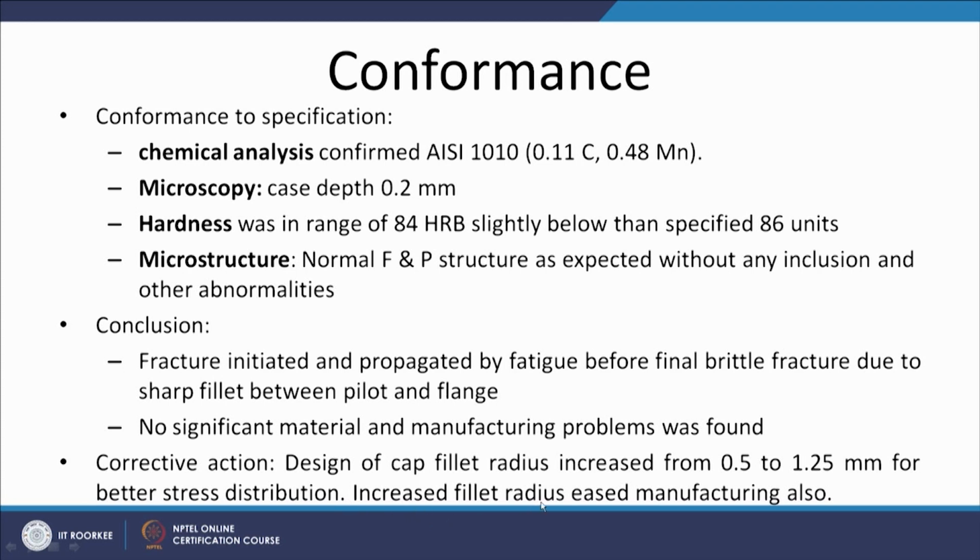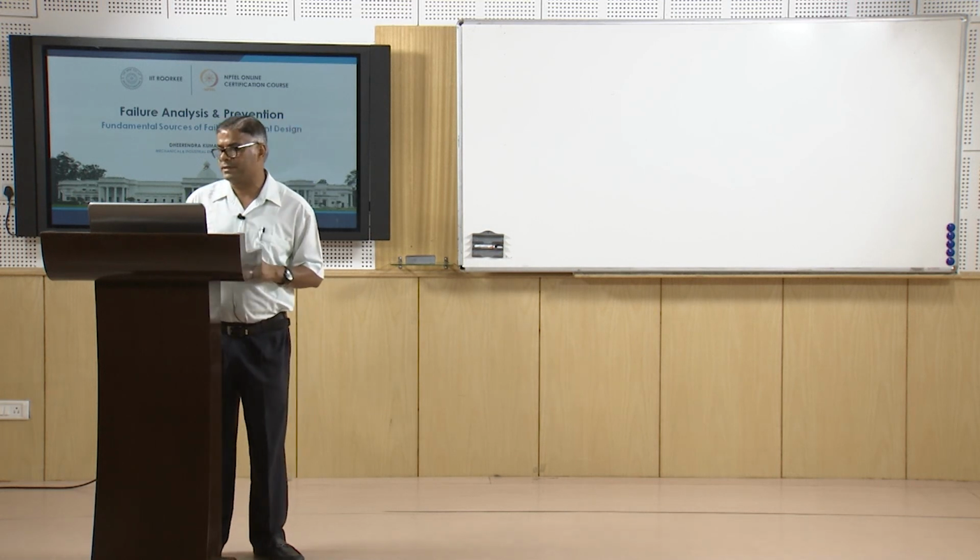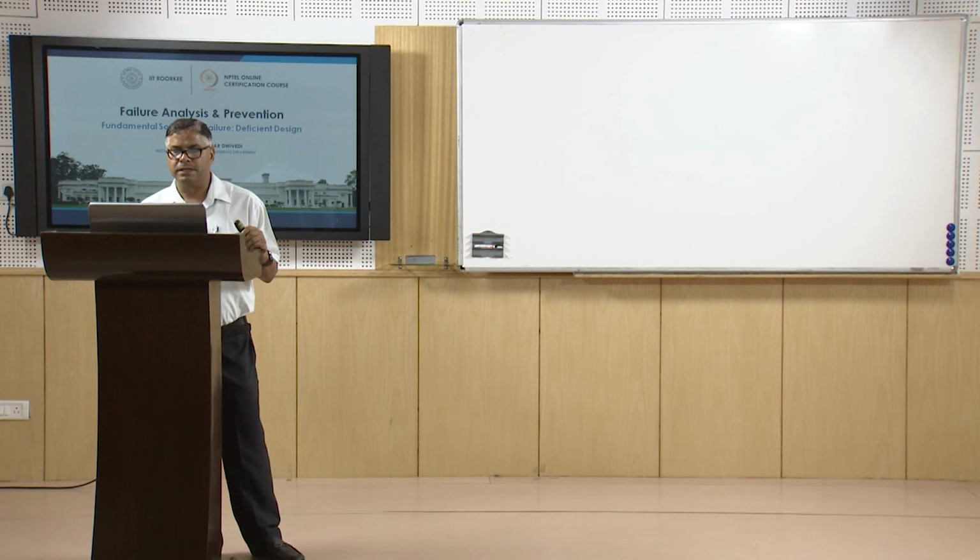This increased fillet radius also helped in manufacturing, because it is more difficult to achieve the fine radius as compared to the bigger radius, and this correction led to the successful performance of the retainer cap subsequently.